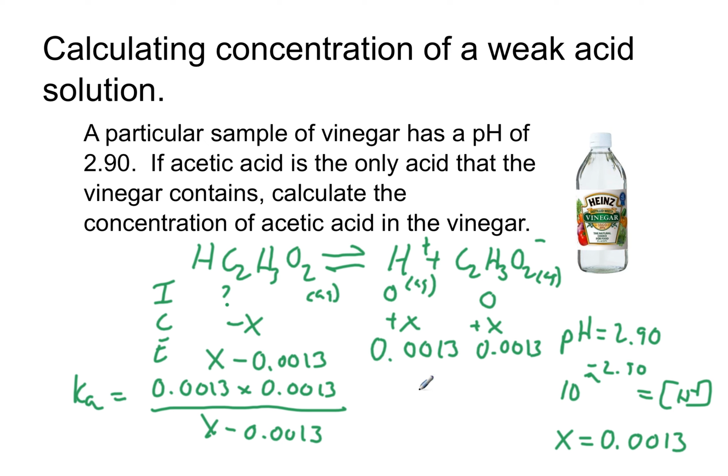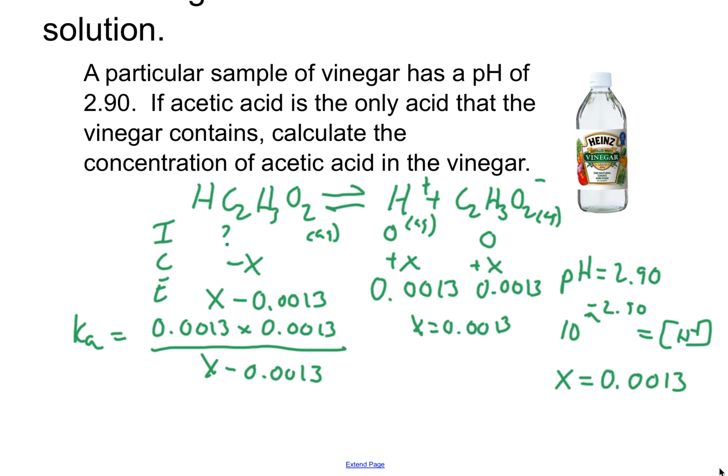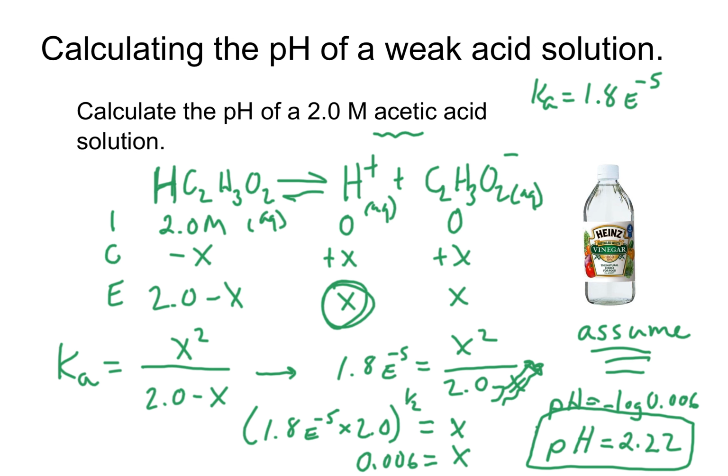Now again, this X is not the same as that X. We've defined this X as being 0.0013 because this went from 0 to 0.0013, it went up. But this X corresponds to the question mark, really, that initial concentration. Now I know in this problem that my Ka doesn't change. It's still 1.8 times 10 to the negative fifth.